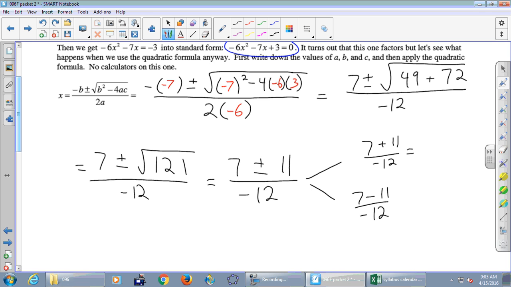And now we just have two separate simple calculations to do. And the first one, upstairs is 18, downstairs is negative 12, which reduces to negative 3/2. And in the second one, upstairs is negative 4, downstairs negative 12, reduces to positive 1/3.